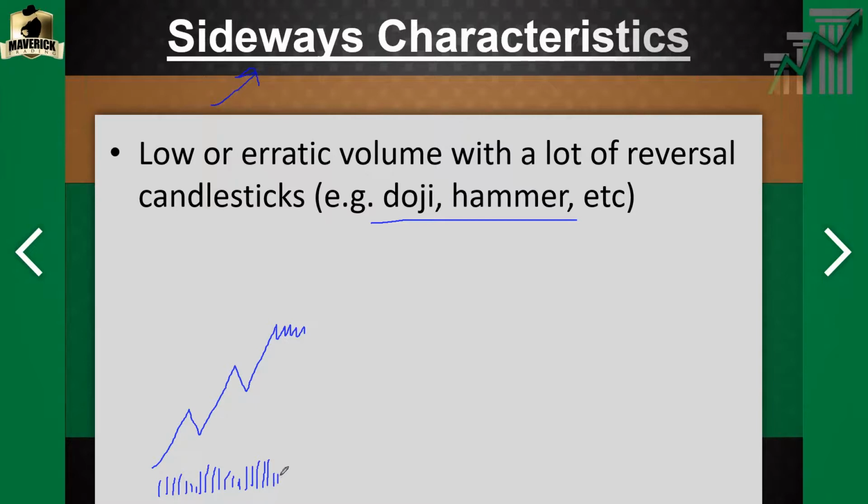And then as it goes sideways, the volume dies down. It's not always this picture perfect, of course, but that's the concept. As you get pullbacks, you have lighter volume, and as you get consolidations, the volume tends to die off. That's pretty normal characteristic in volume.